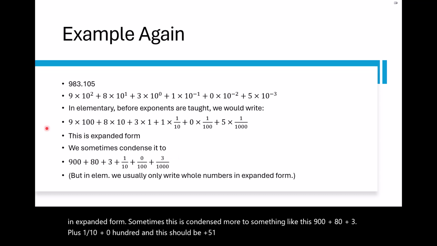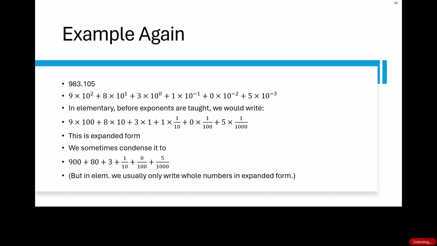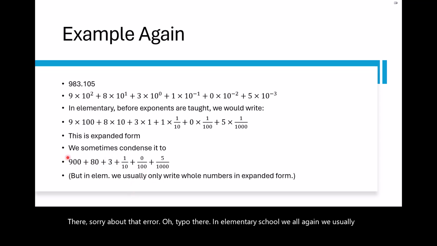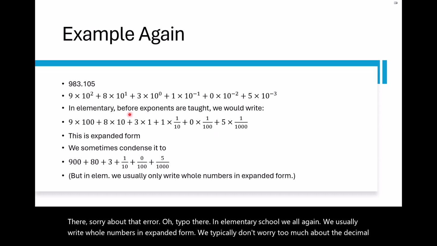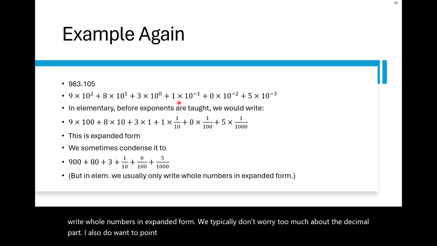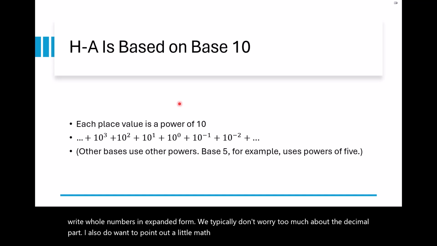Let me fix that. There, sorry about that error. A little typo there. In elementary school, we usually only write whole numbers in expanded form. We typically don't worry too much about the decimal part.